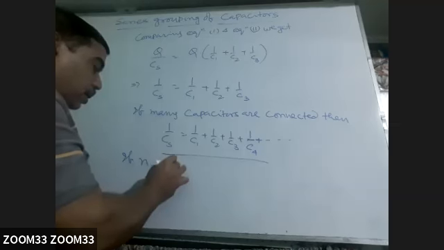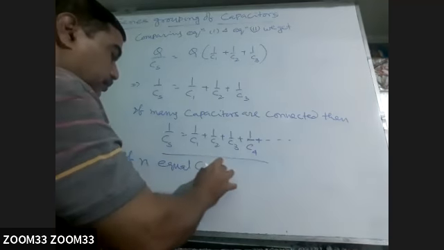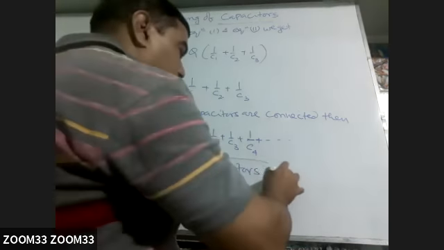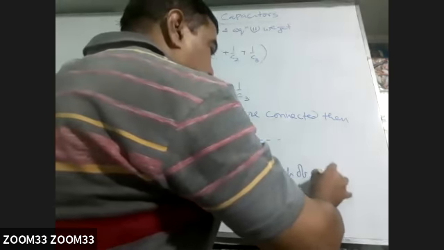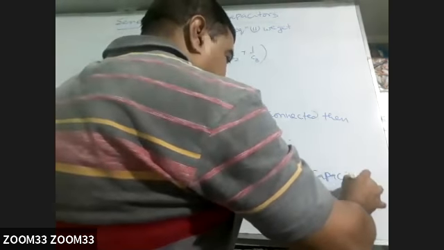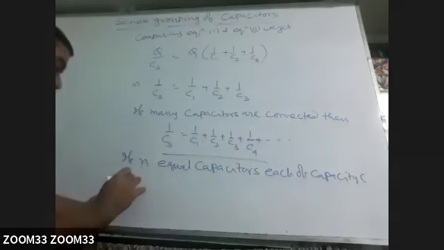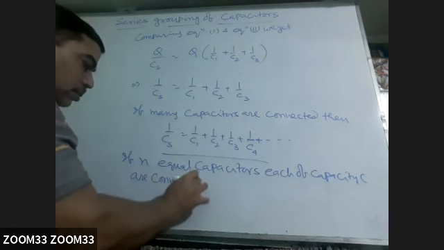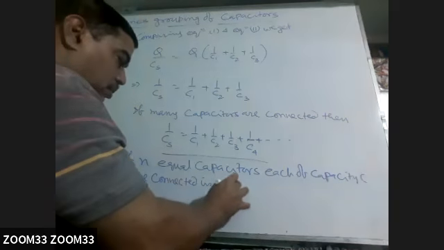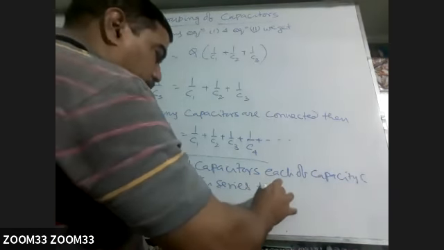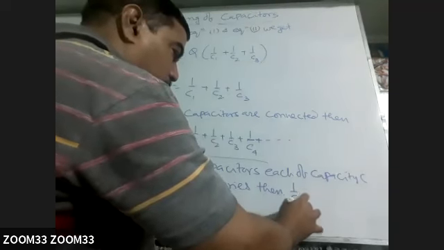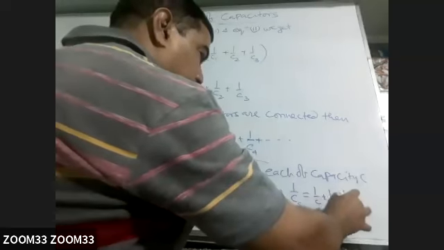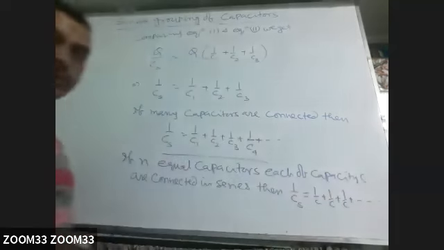So if n equal capacitors, each of capacity C, are connected in series, then what will be the series equivalent? 1 by C plus 1 by C plus 1 by C plus so on, n terms.